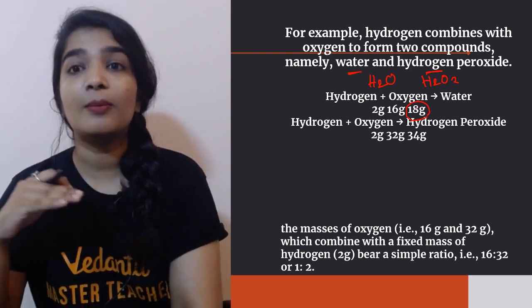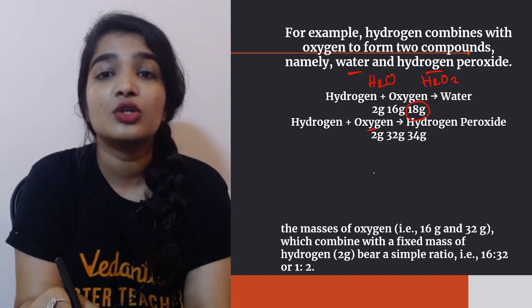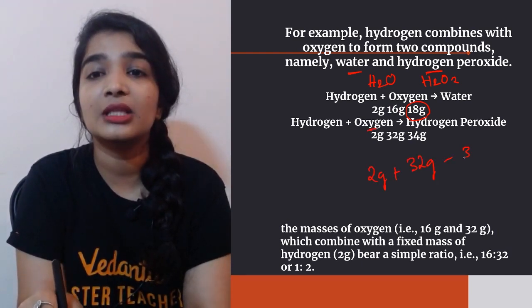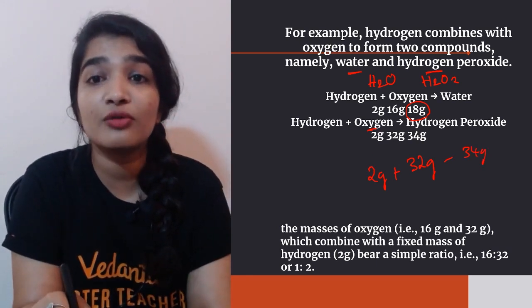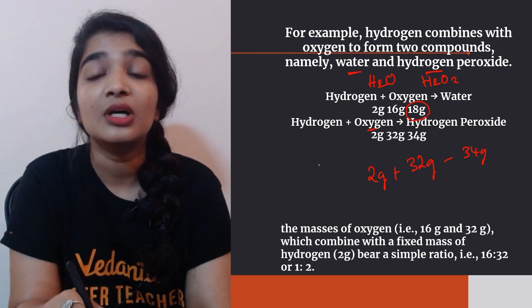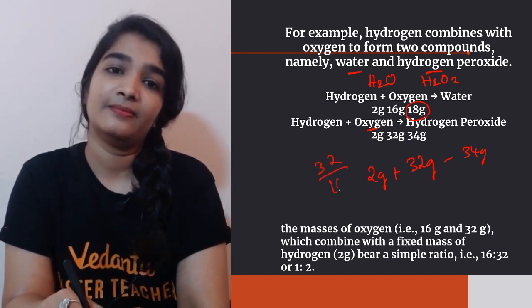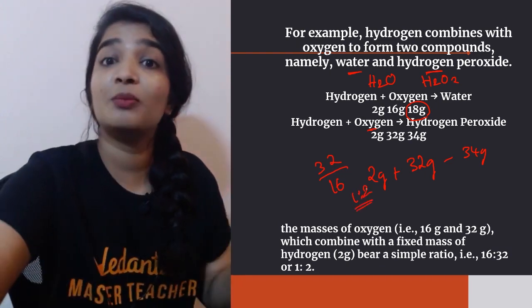In the other compound, hydrogen peroxide, you are taking 2 oxygen. So it is 2 gram plus 32 gram, you are getting 34 gram. Okay, so when you take the ratio of 16 and 32, again you will get the 1:2 ratio, right? Simple whole number ratio.